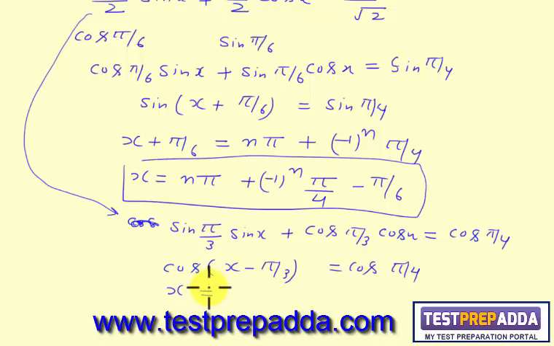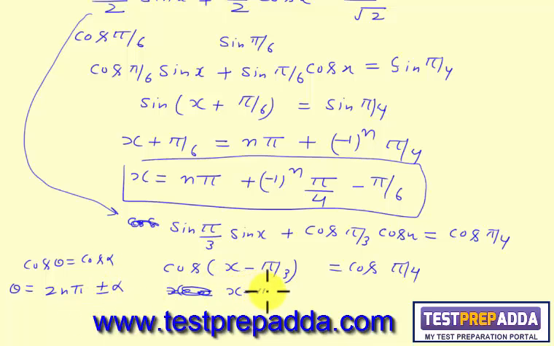Recall this standard form: if cos theta is equal to cos alpha, then theta is 2n pi plus minus alpha.